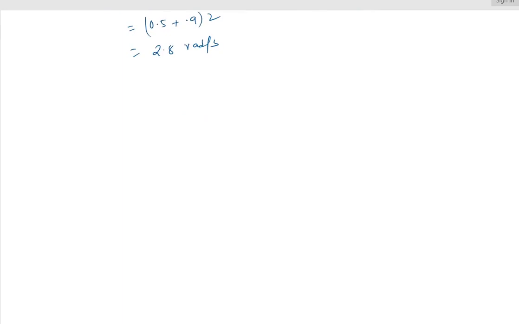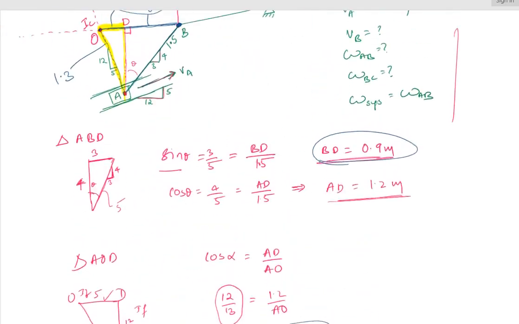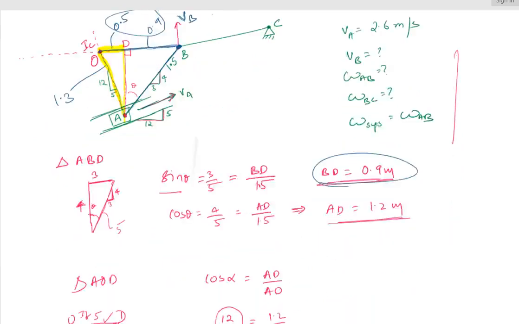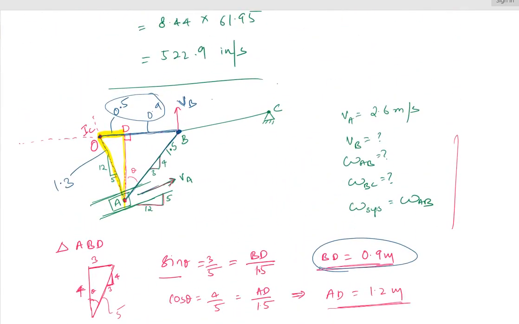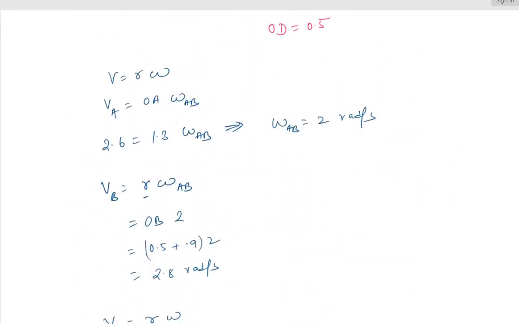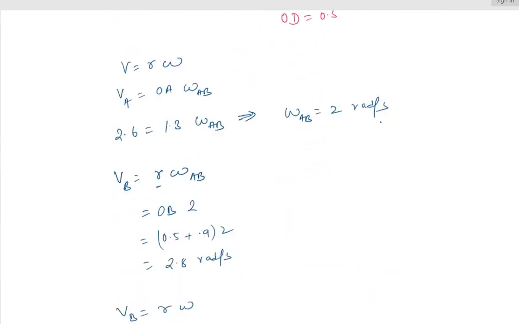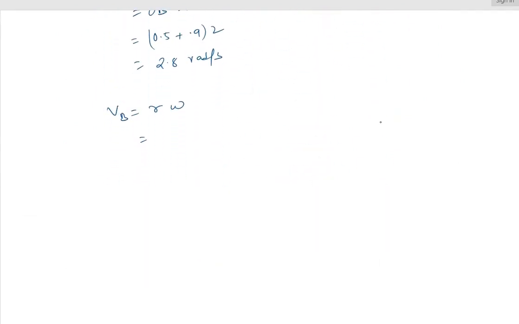So we know VB, again R omega. If we need to find the angular velocity of BC, then we need to use the radius BC, which was also given as 1.2. So VB equals BC times omega BC.